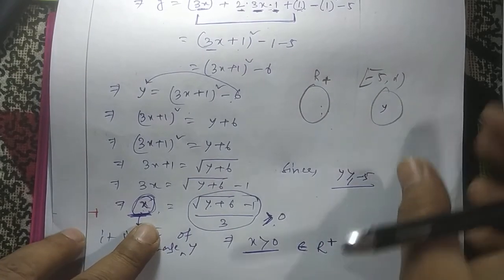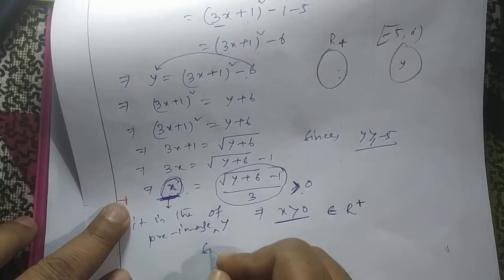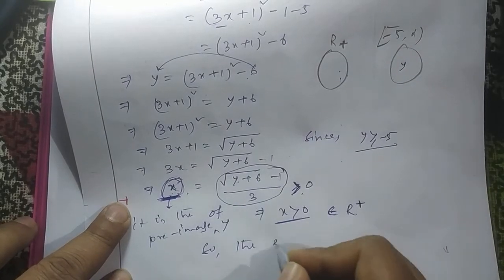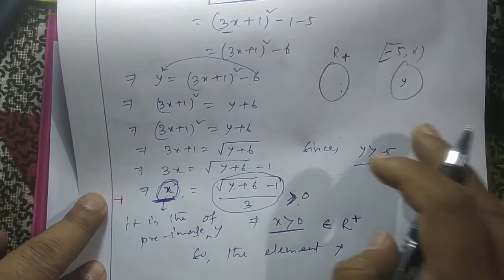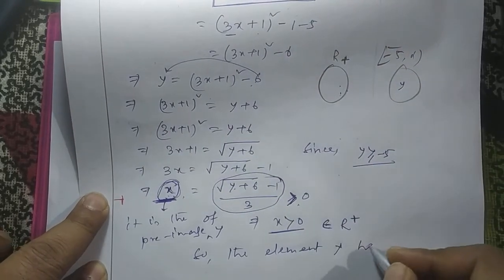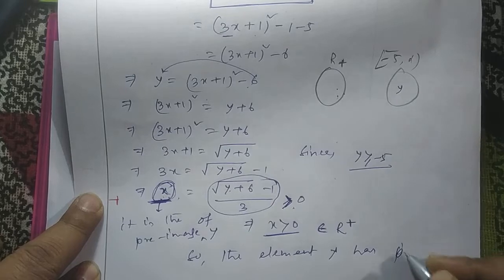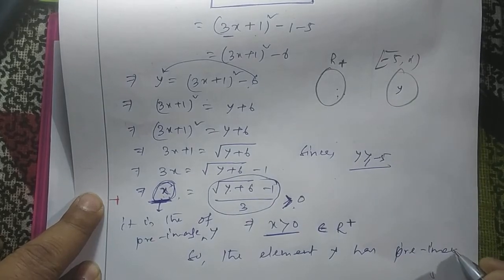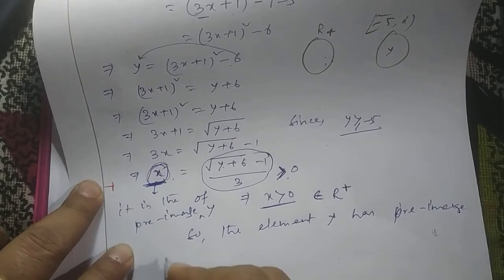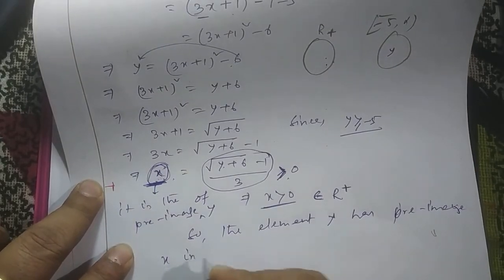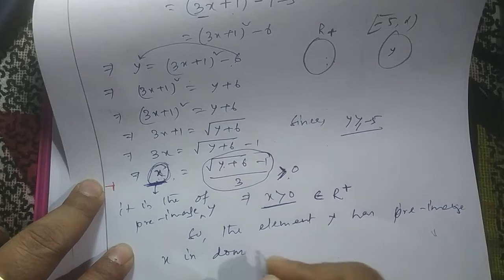So ultimately, the element y that we have chosen from the codomain set has a preimage x in the domain R plus.